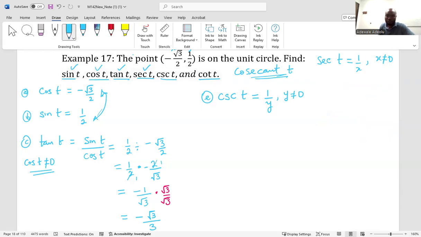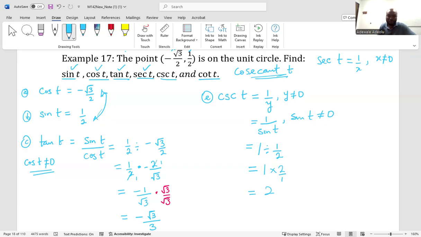So this is 1 over sine of t. We do know that sine of t cannot be 0. Now, this is 1 divided by our sine of t, which is 1/2, right? Sine of t is 1/2. So 1 divided by 1/2 is 1 times 2 over 1, and that is 2.